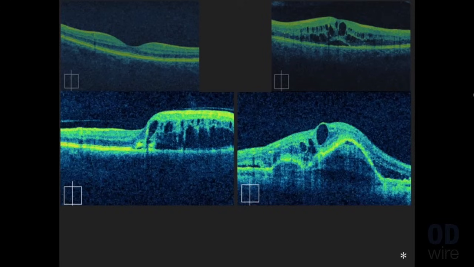Sure, both need to be referred. I get it. But the patient with wet AMD needs to be referred in a much more rapid manner.